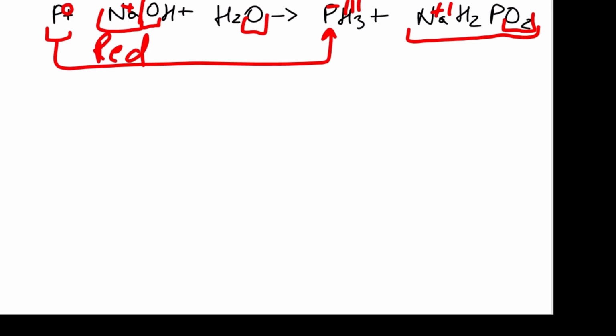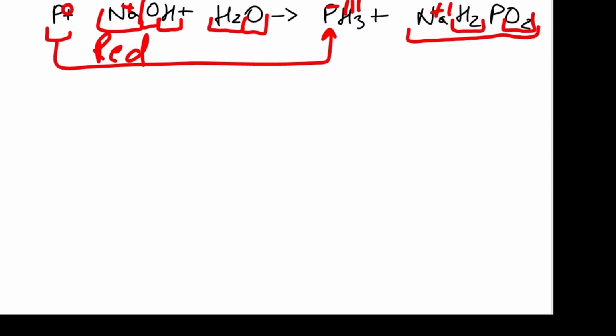What about the hydrogen atoms? We have one in sodium hydroxide and two in water particle. Three of them, these three hydrogen atoms, oxidation state is equal to +1. On the right side of the reaction, we have two hydrogen atoms in this salt.